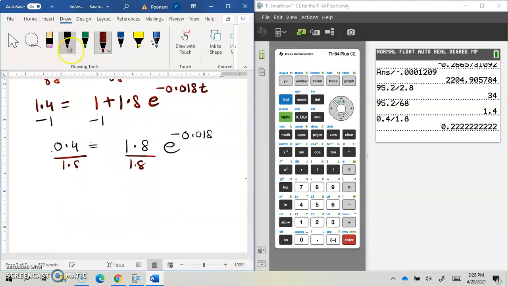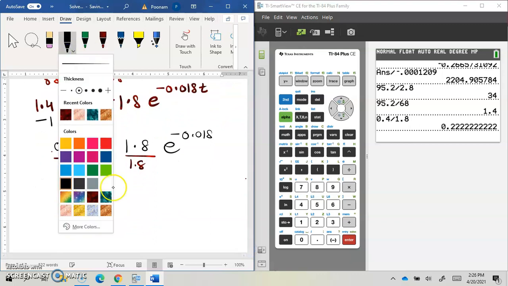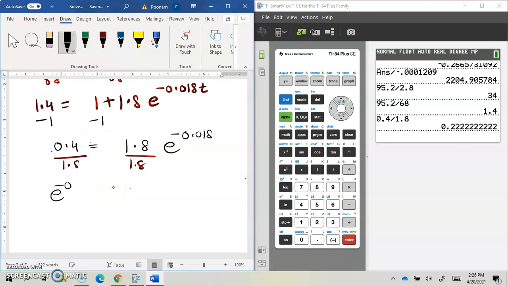We have e raised to the power negative 0.018t equal to that value. We need to find t. So what will we do? We will take the natural log on both sides.